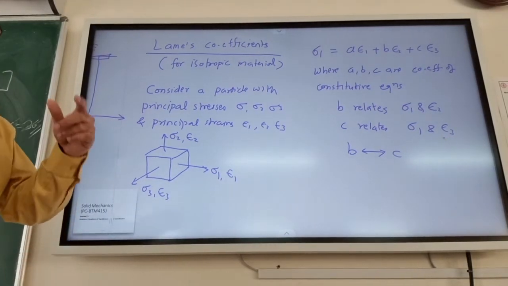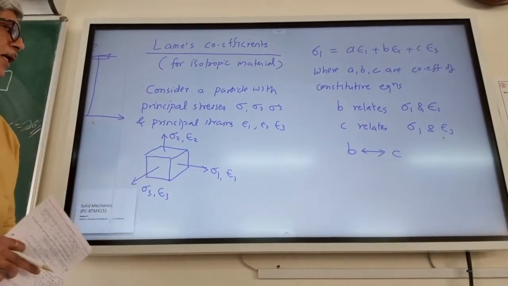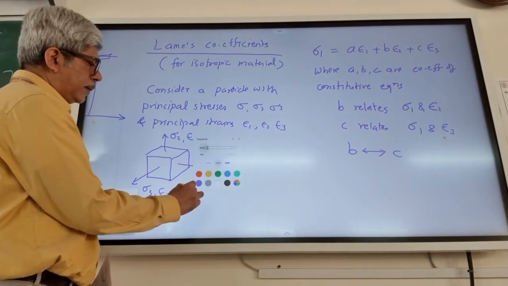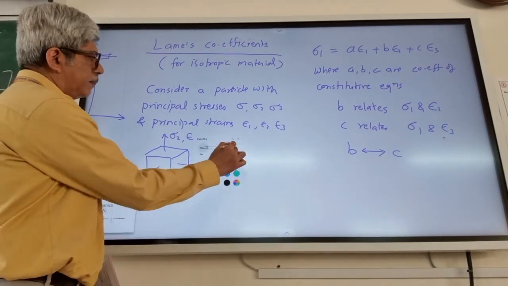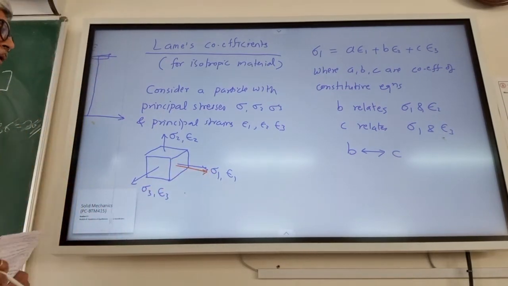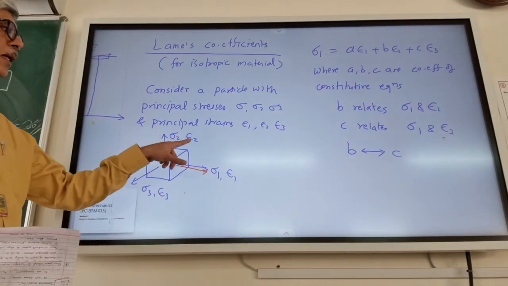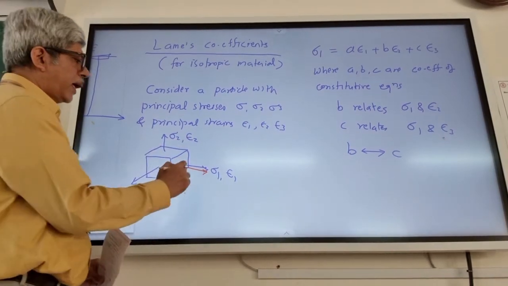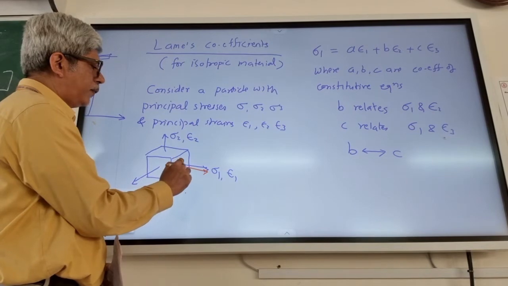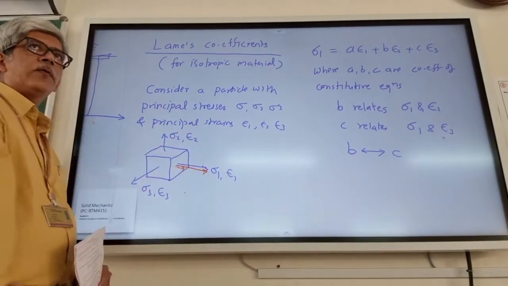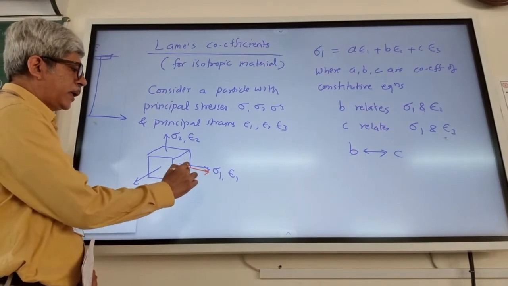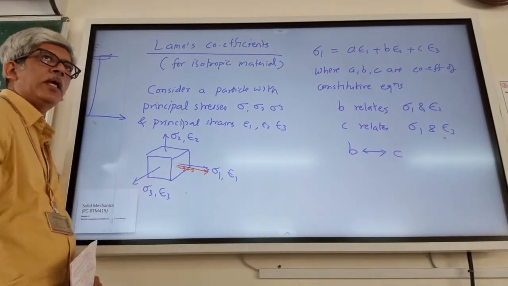That's right. So considering this case, we are concentrating on this particular direction. Whenever a unit strain is happening in the sigma 2 direction, we get some component of sigma 1 consisting of the effect of epsilon 2, and there is some effect because of epsilon 3, which is also coming here.